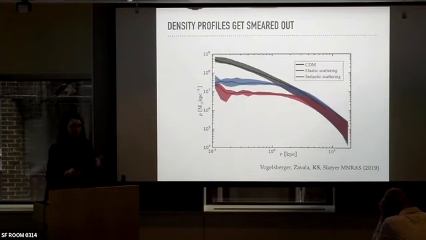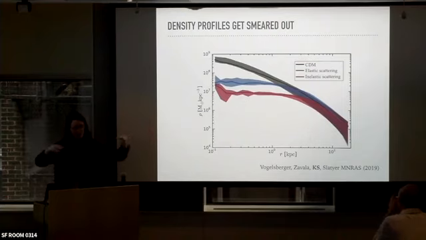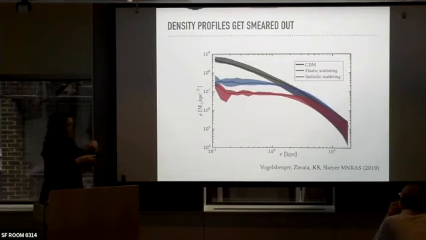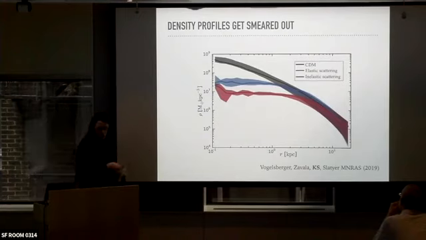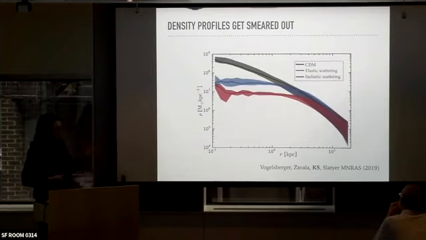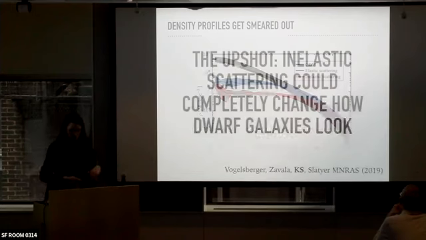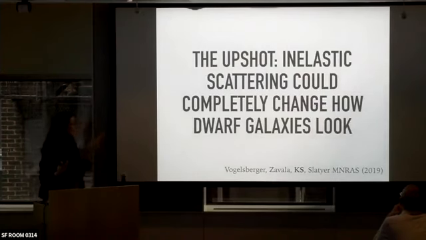Their orbits are going to be more tightly bound, but when you kick those particles out, the potential gets shallower, and so the particles that don't scatter are less tightly bound, and so you end up with this bigger core.